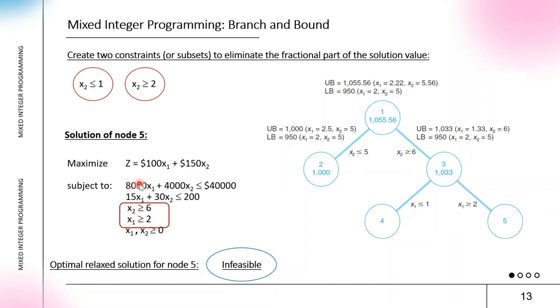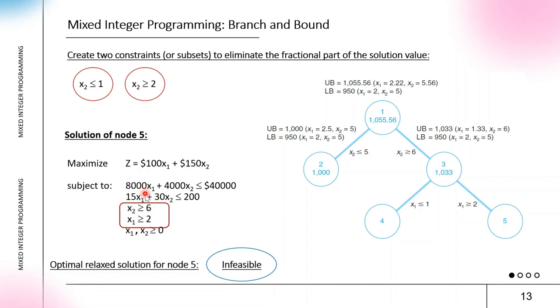Or in other words, we must sweep and consider all constraints from the first node to the last node that we are working on in this direction. And as we can see, we have this constraint and also this constraint in the LP form of the optimization problem. These two constraints. We solve this relaxed linear program.